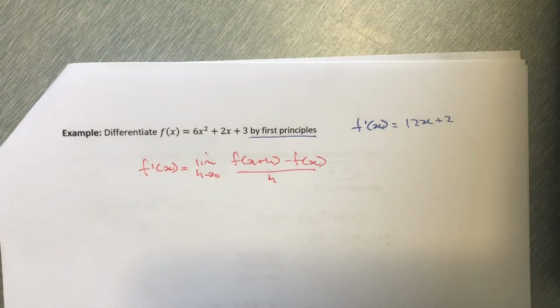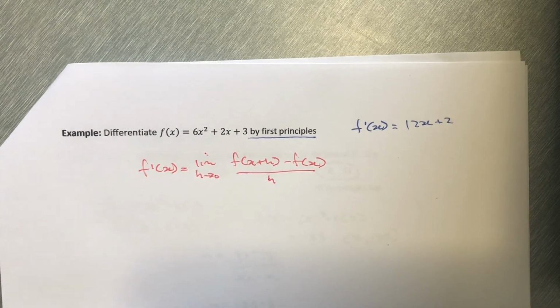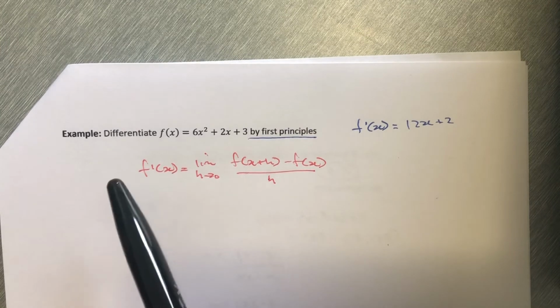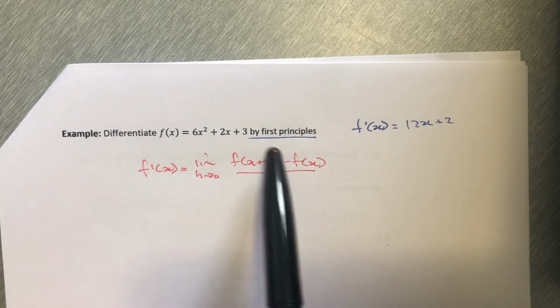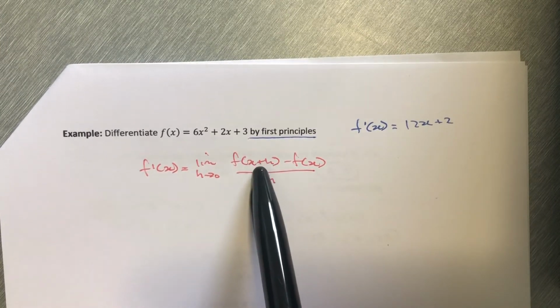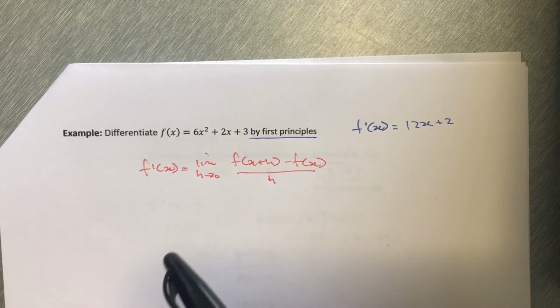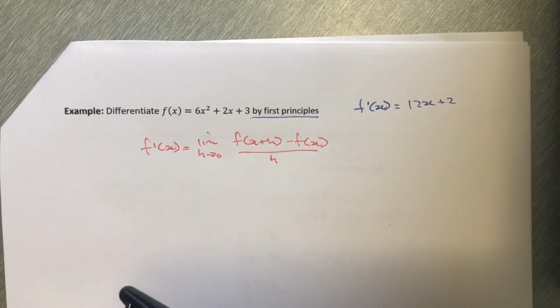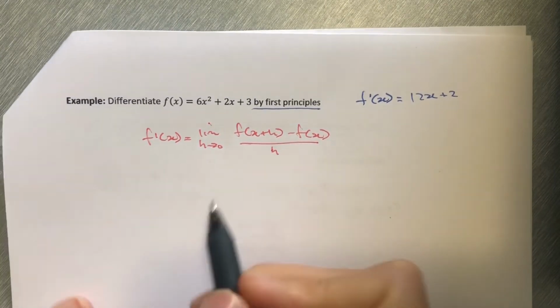Okay, so this is the rule we're going to be using. Now, you can show that f of x plus h is whatever and write that down here, but I'm just going to write it straight into the rule because I don't want to spend too long doing it.